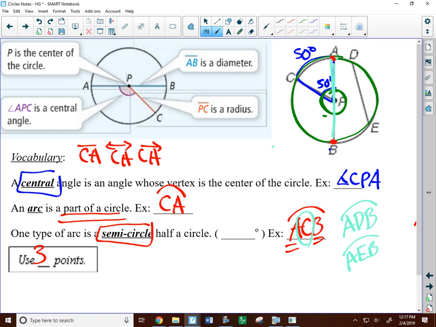So don't use 4 points, don't use 2, and make sure that the endpoints of the diameter, A and B, are on the ends. I'll come back to the angle measure here in a second.